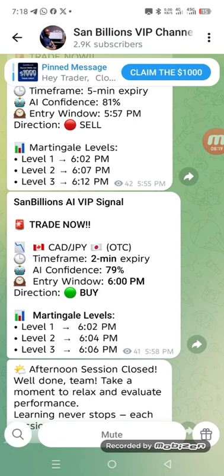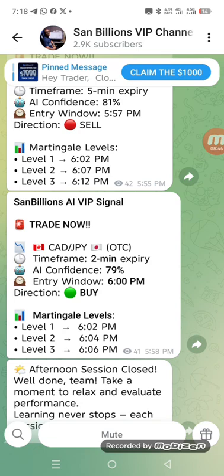So I'm going to explain this further so that you guys can know. They have martingale 1, martingale 2, level 3. What it means is that if you take the first trade and it did not enter for you, you re-enter the second trade. If by mistake it did not enter, you re-enter the third trade. But as you are entering that trade again, you are increasing the money you are using so that you can recover all your losses at once.